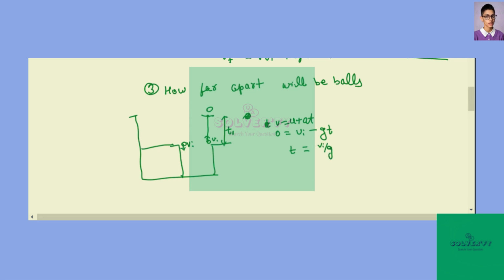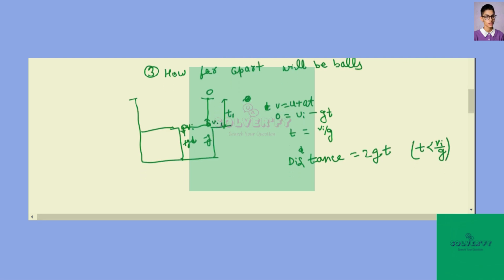Up to this time, the distance will be simply 2 times acceleration times t. One is going downward and one is going upward, so distance will be simply 2gt for t less than vi by g.